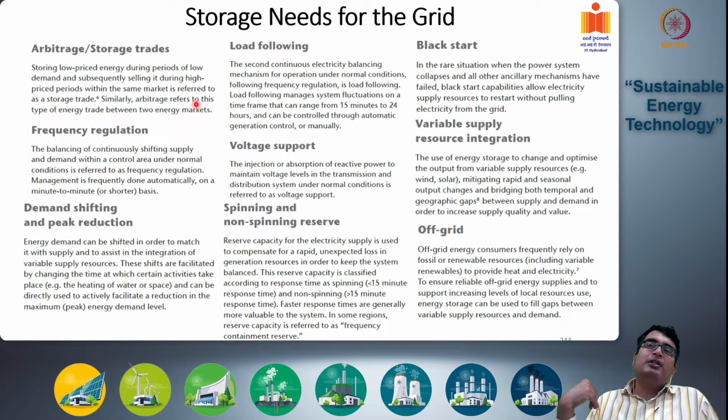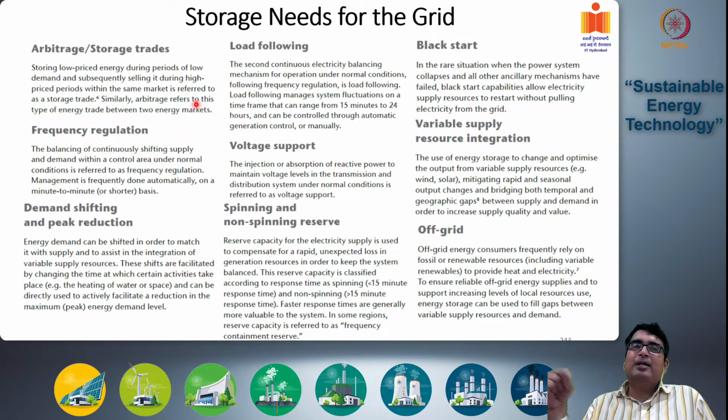This kind of trading of energy, extracting energy from the grid at a low price, at low demand, and then selling it at a high price during periods of high demand is called storage trade if it happens within the same grid. What this helps is, firstly, it gives a financial incentive for the storage industries to develop such storage technologies, and it also helps to balance the demand supply.